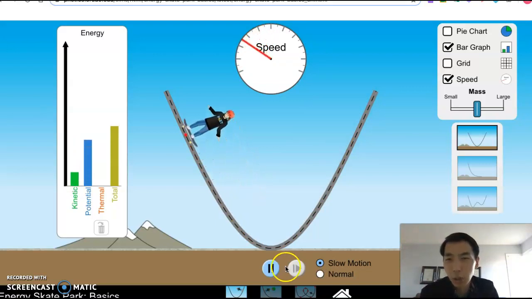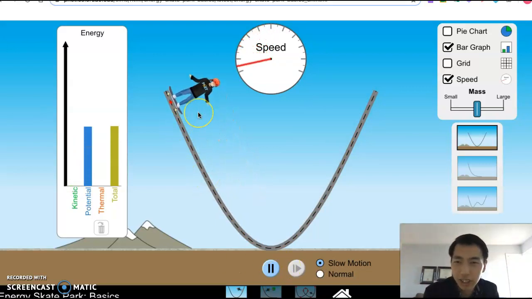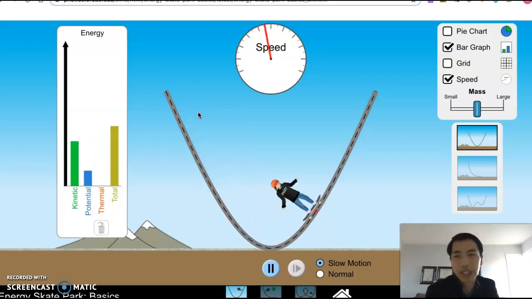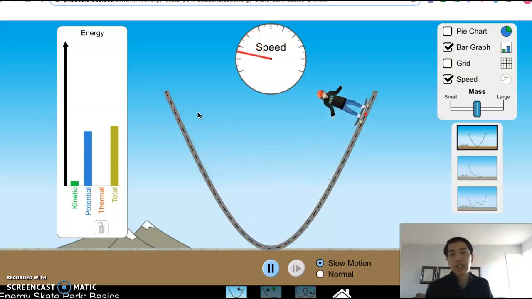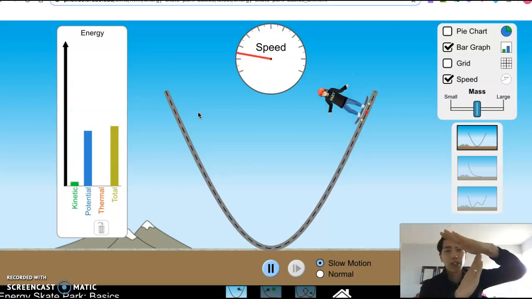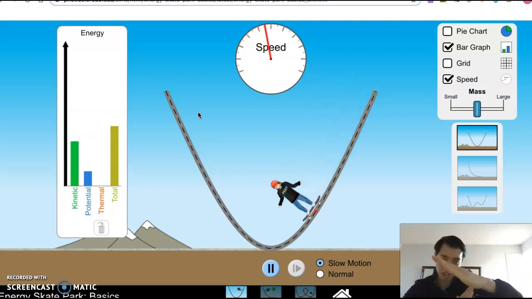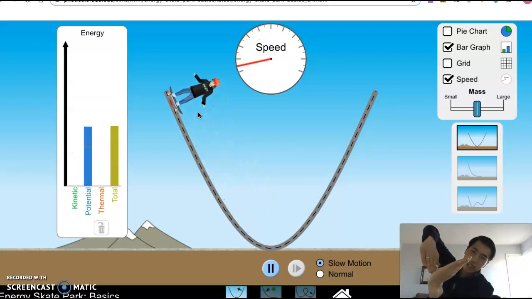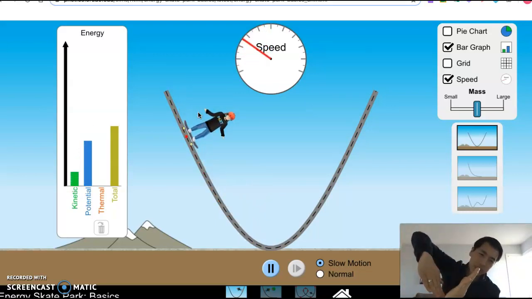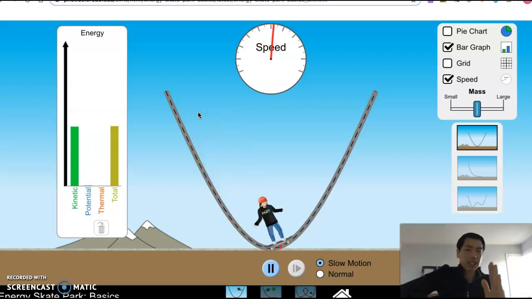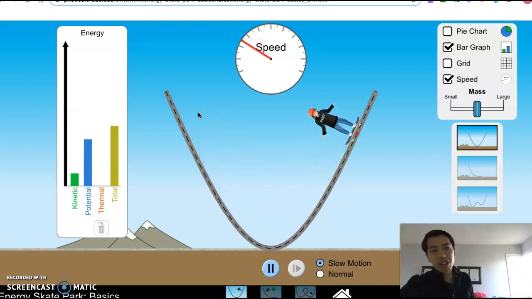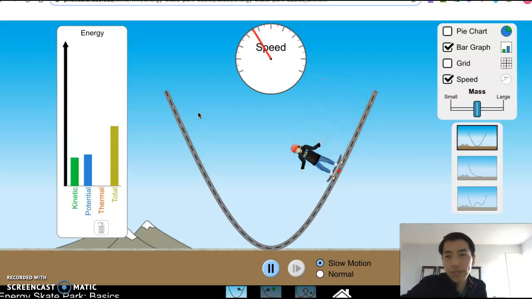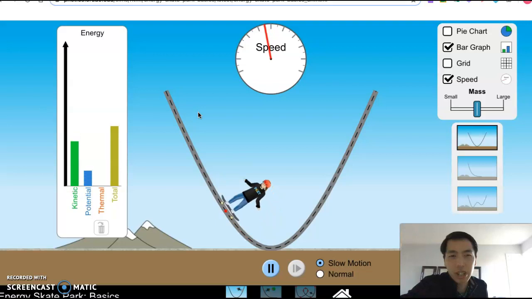And in this case, the normal force is always perpendicular to the surface, and the skateboarder is always moving parallel to the surface. So the normal force and the direction of motion are always 90 degrees to each other. So the normal force is never actually doing any work on the skateboarder. So it does not violate the conditions for conservation of energy.